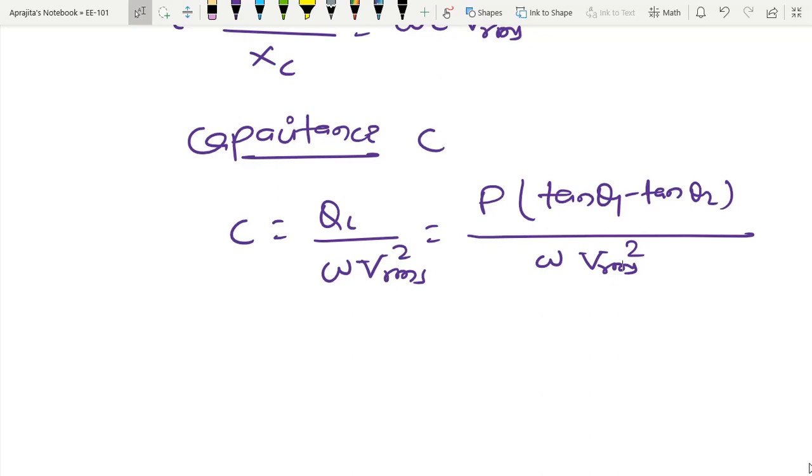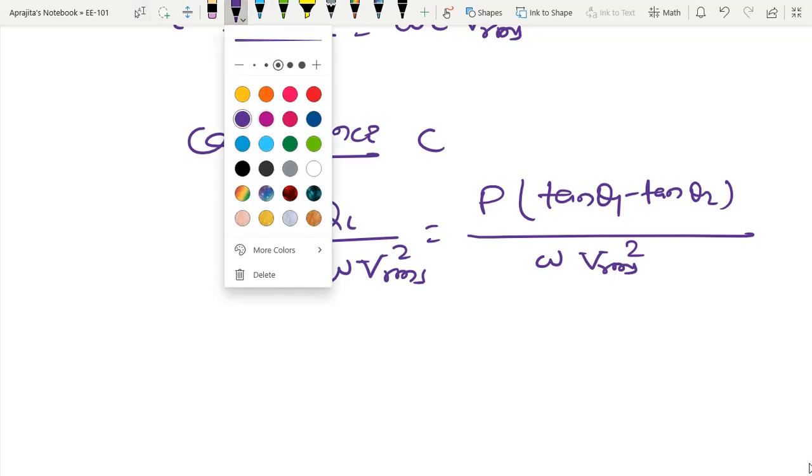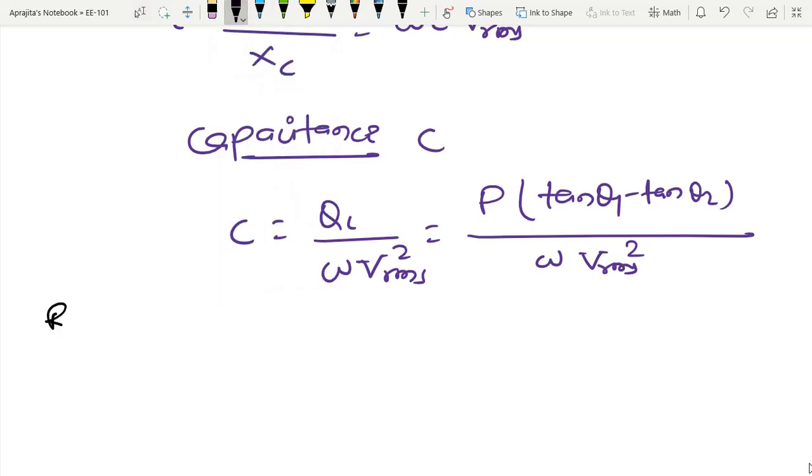So you can also write this as a remark. Otherwise it is a little bit difficult to visualize why I am saying that P stays the same.